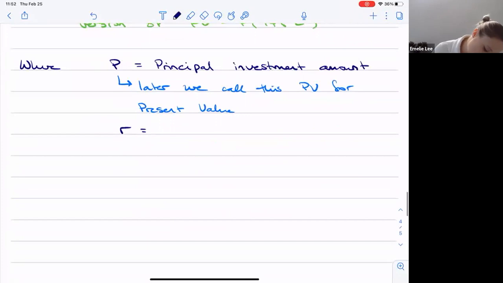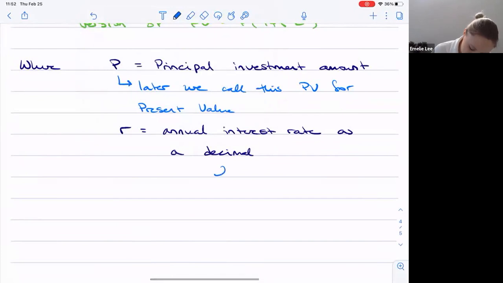So this is our annual interest rate as a decimal. Often you can just assume that it's an annual interest rate unless it says otherwise, but usually these things are always annual interest rates.